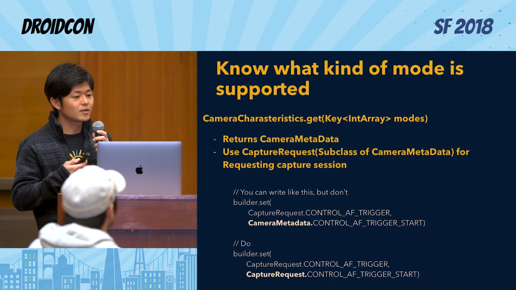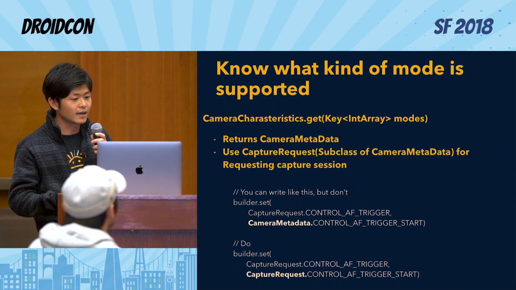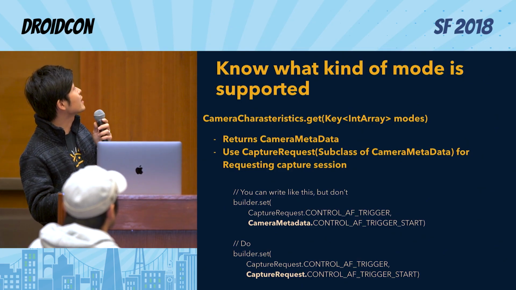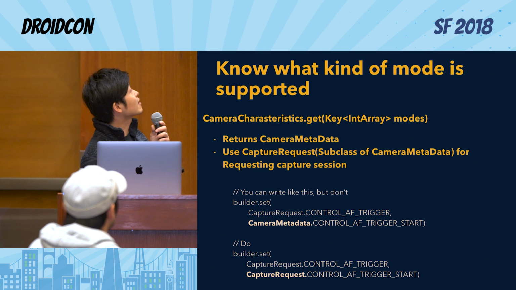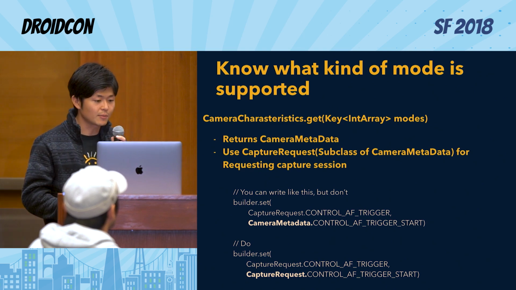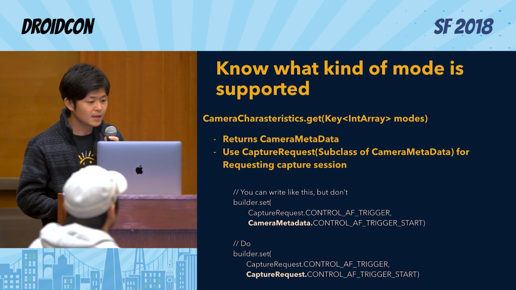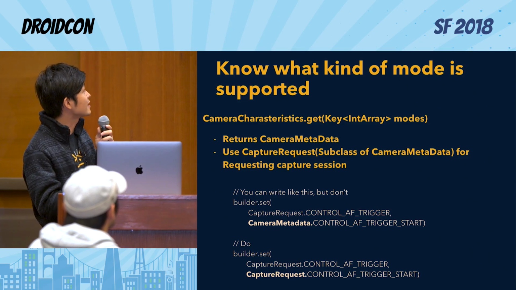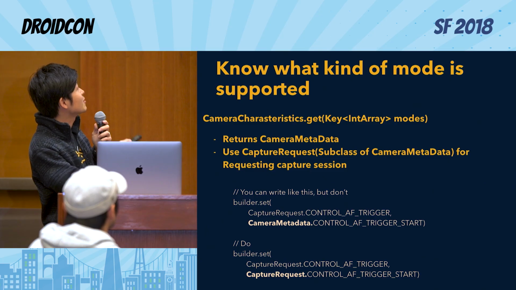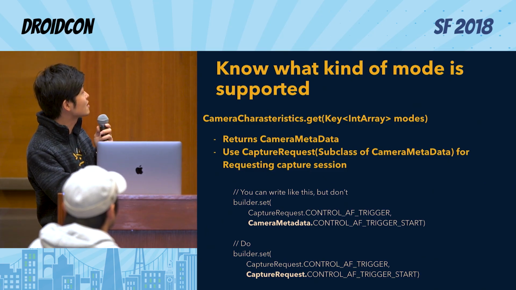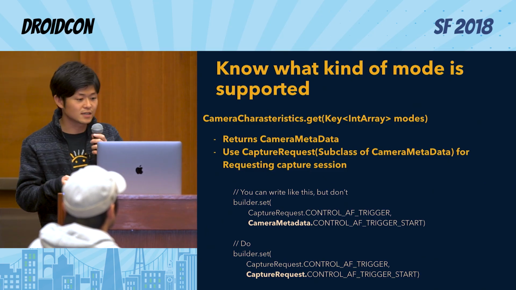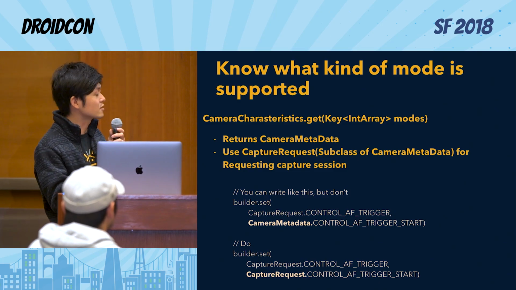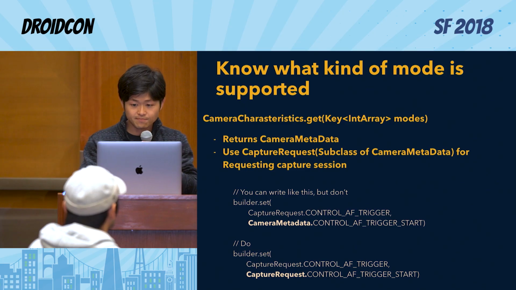So to get a mode, we need to request the get modes from the camera characteristics, and it returns the camera metadata, and then we can use that value to actually request the camera. As I mentioned, the capture request is a subclass of camera metadata. So you can basically call camera metadata dot control AF trigger start, but it kind of makes it confusing. So I would suggest using capture request dot control AF trigger start here.